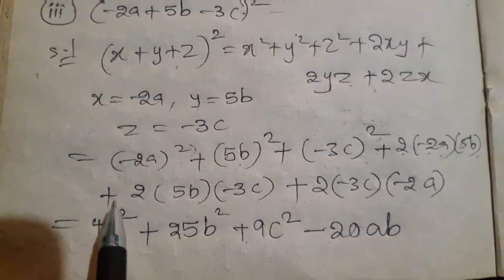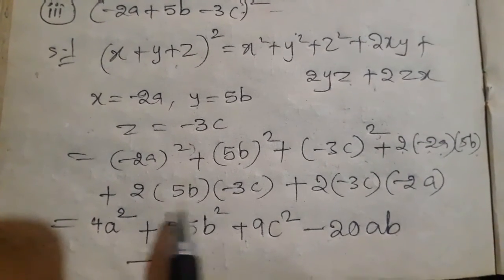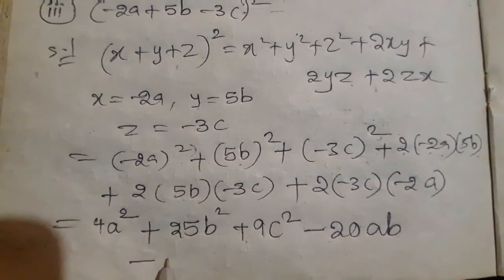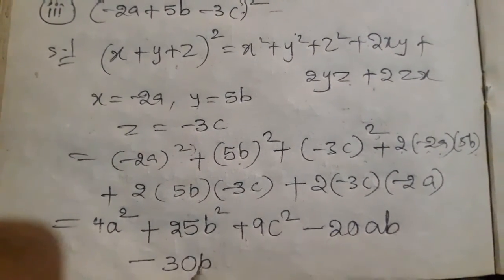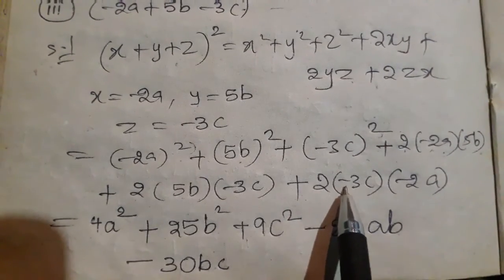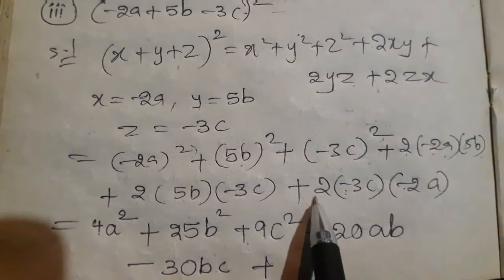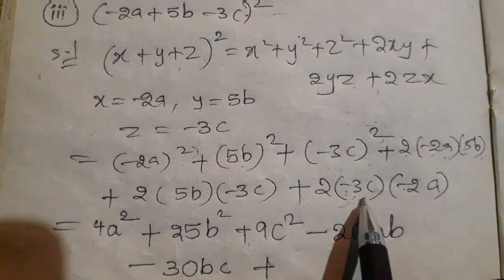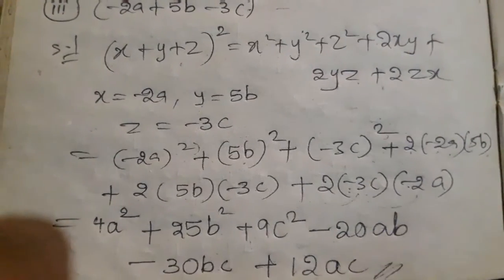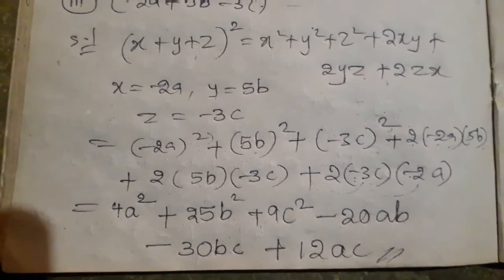Next, plus into minus is minus: 2 5s are 10, 10 3s are 30, minus 30bc. Next, minus into minus is plus: 2 3s are 6, 6 2s are 12, plus 12ac. So this is the final answer of the given question.